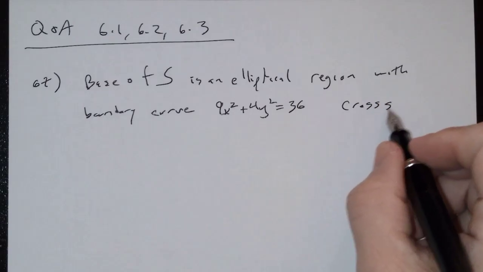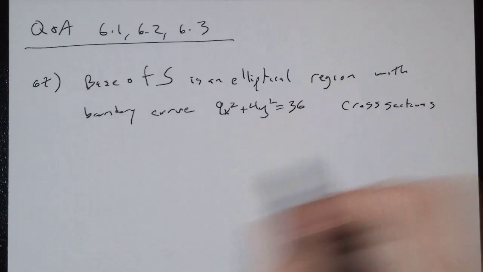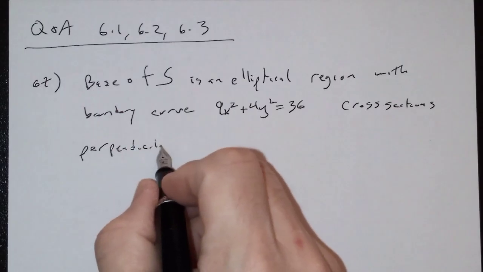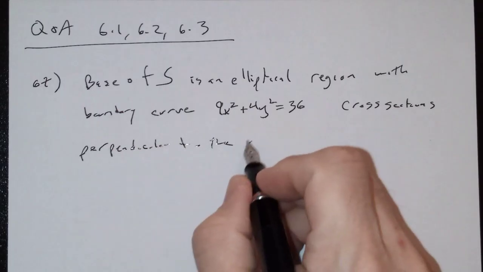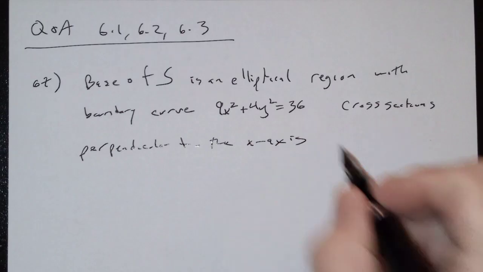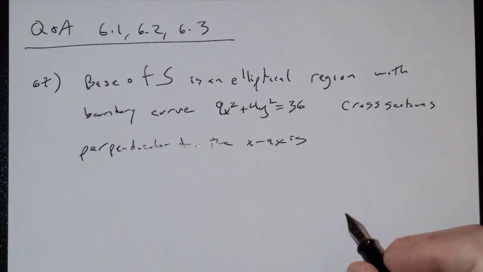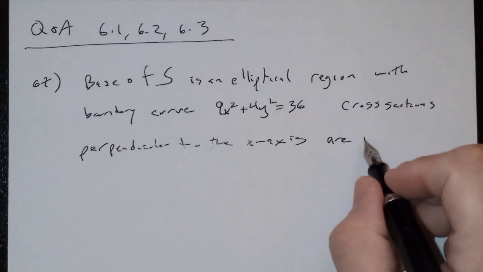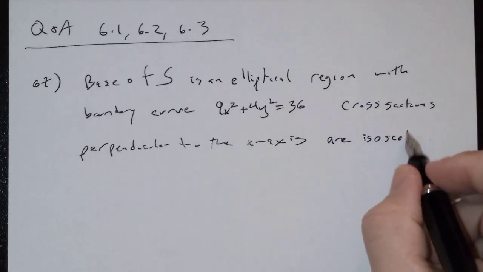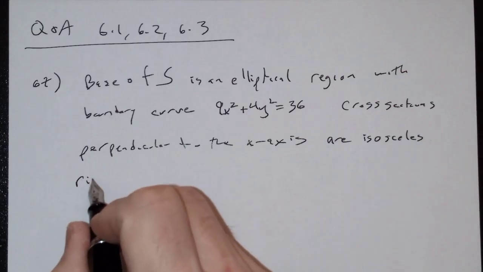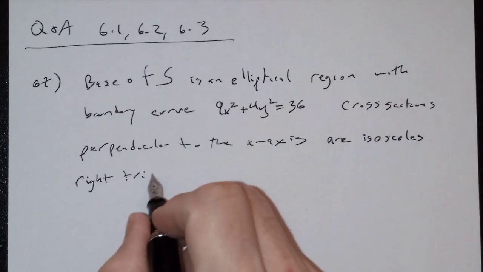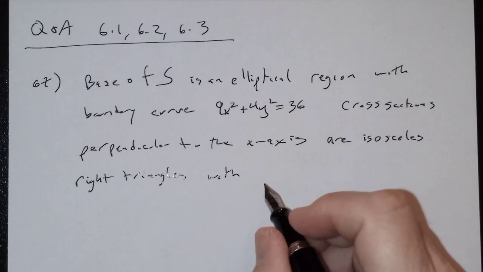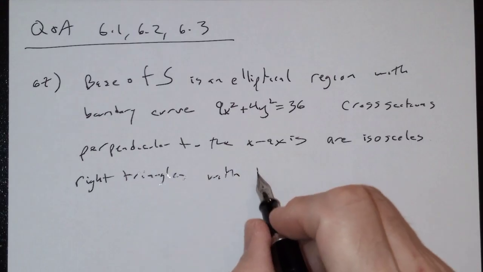Cross sections perpendicular to the x-axis are isosceles right triangles with hypotenuse in the base.